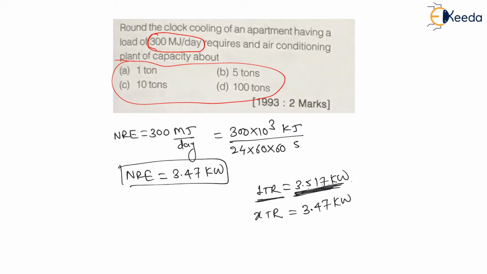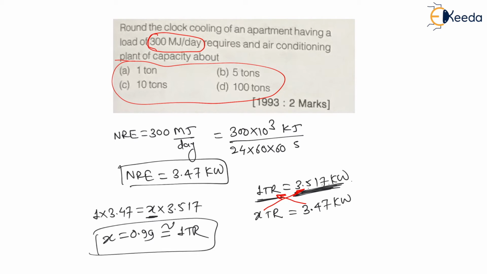So here we have to do cross multiplication. 1 into 3.47 is equal to x into 3.517. If I calculate this x value, then I will get x is equal to 0.99, which is approximately equal to 1 ton of refrigeration. Therefore, here the ton of refrigeration will be 1 ton, right? Therefore, option A is the correct choice.